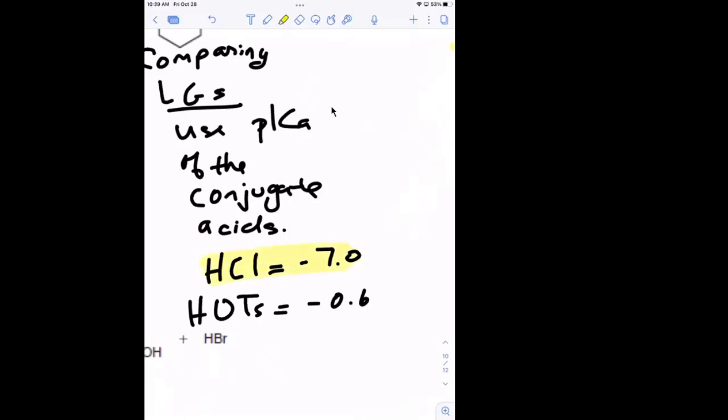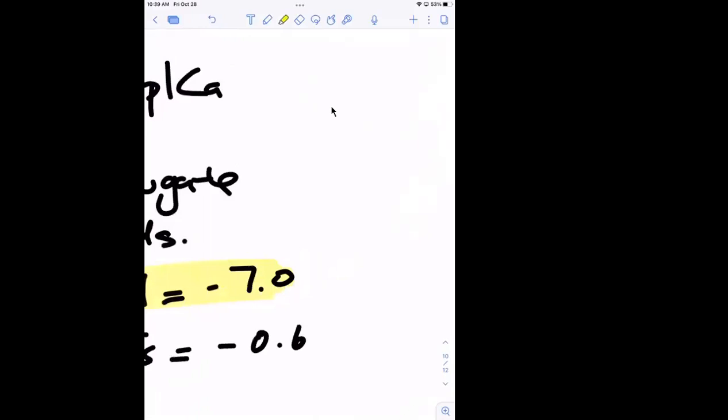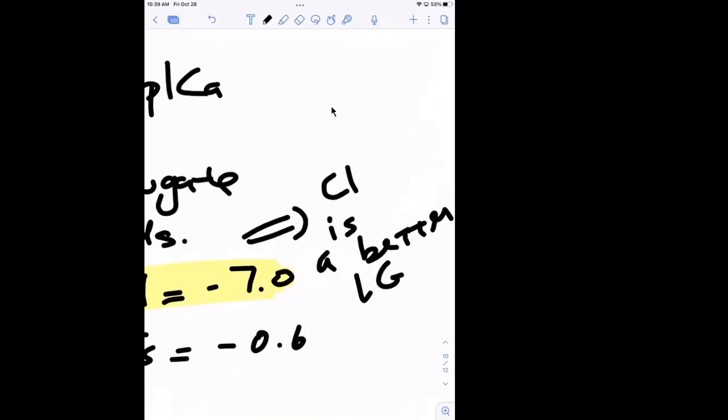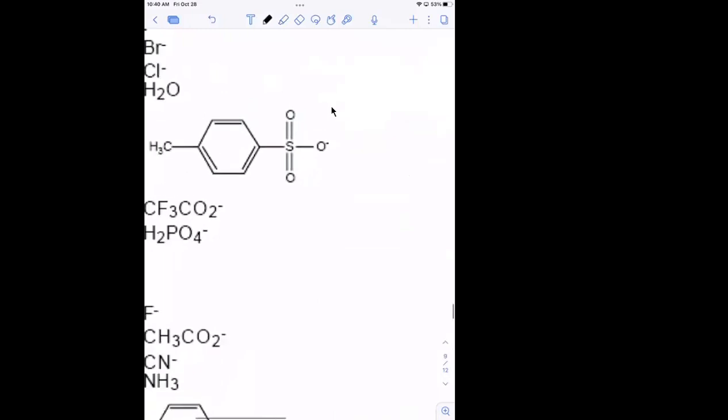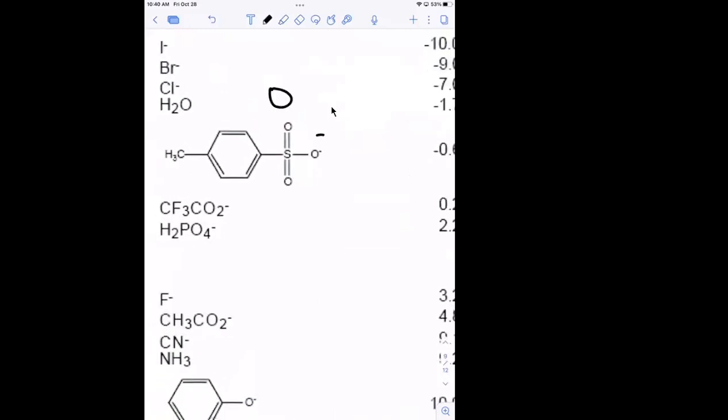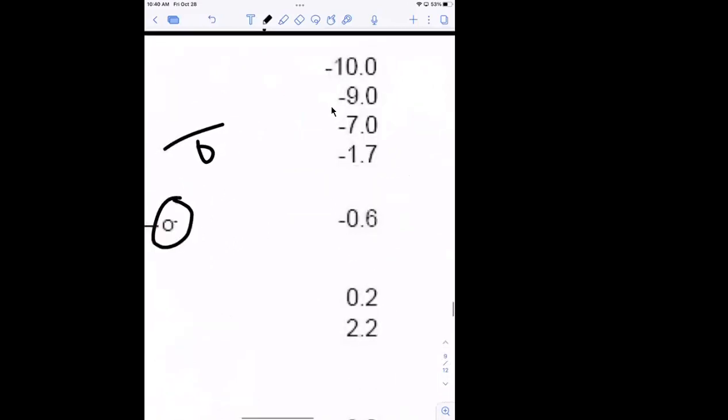So up here, what we infer from this is that chlorine is a better leaving group, which you can see from the chart anyway, right? It's above the OTs. If you have that chart, this is OTs right here. So it's a tosylate. This is what OTs is. This is the O part, and the rest of it is toluene sulfonate.